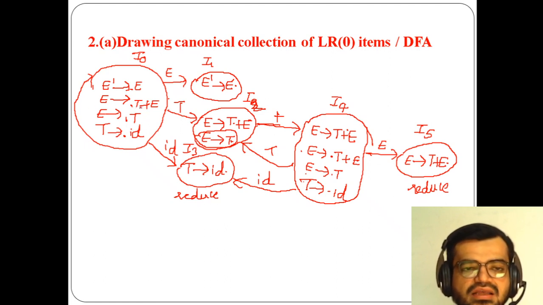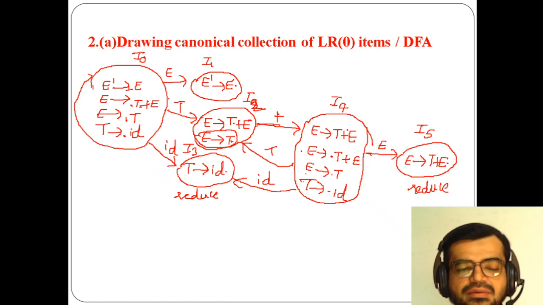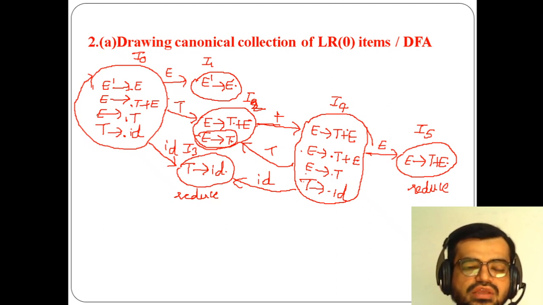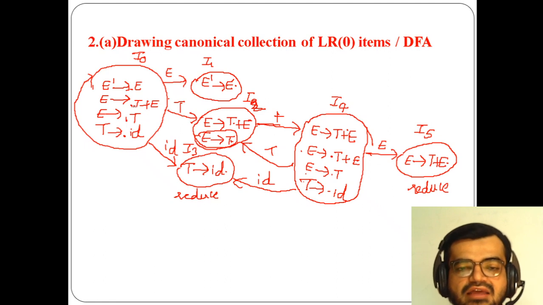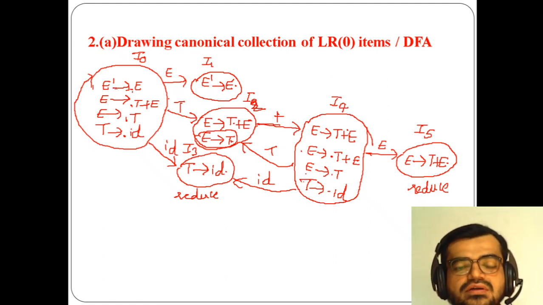In this production T will be followed by plus, and plus will be followed by T, and again in the third production after T nothing is there. If nothing is there, then it goes to follow of E. As E is the start symbol, I told you when I explained the follow set, for the start symbol the follow will be the dollar.